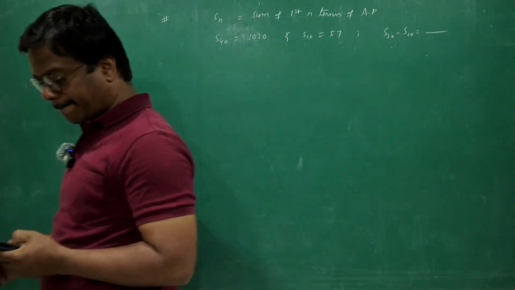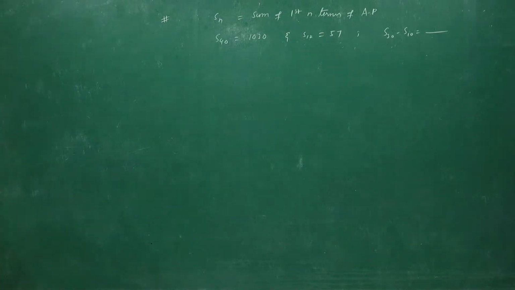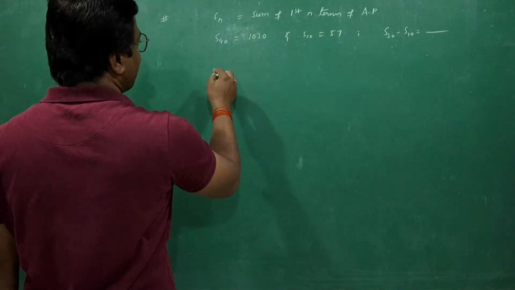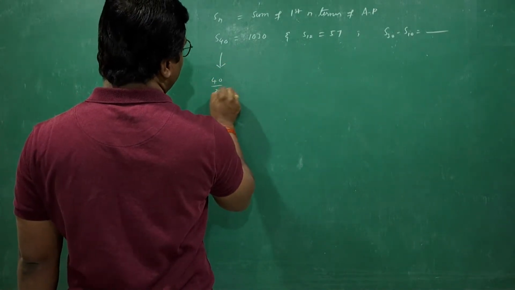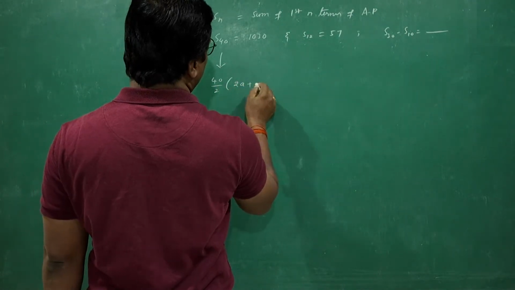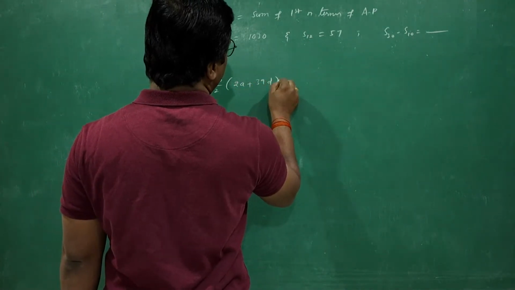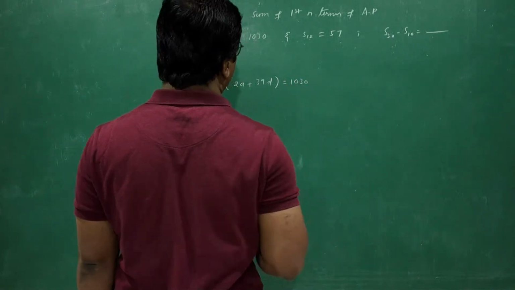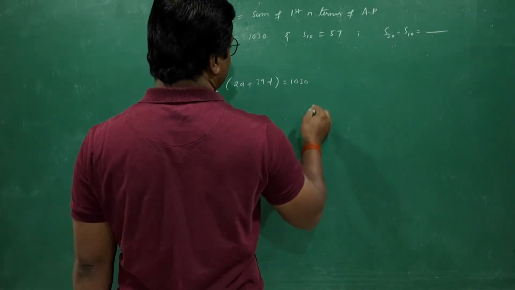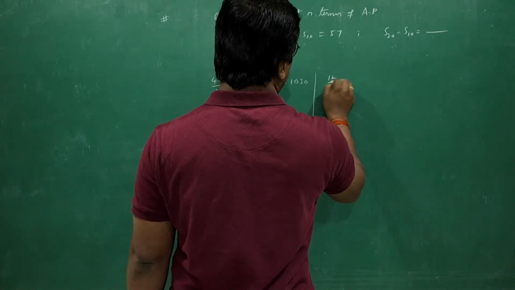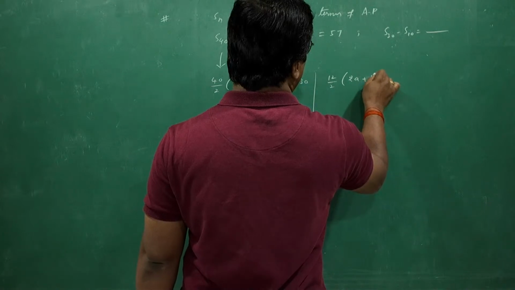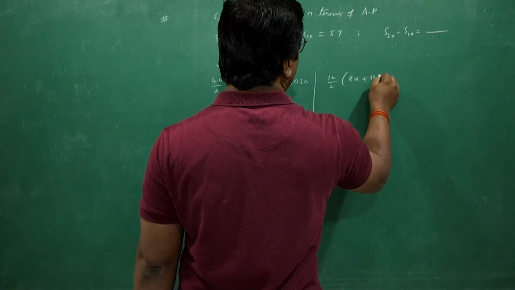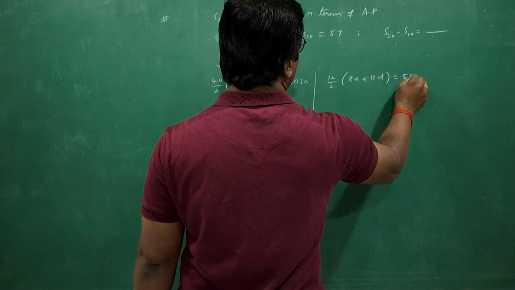Okay. I am going to write first S40. Sn in AP is n by 2 into 2a plus n minus 1 into d. This is given as 1030. Next, S12 is n by 2 into 2a plus n minus 1, nothing but 11, into d. This is 57.